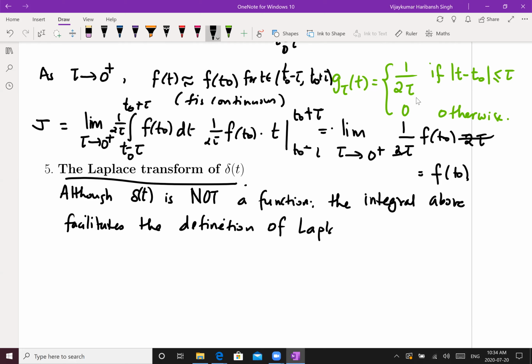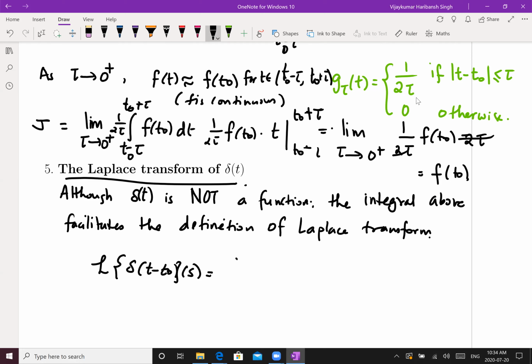Let's see how. So, the Laplace transform of delta of t minus t naught of s.